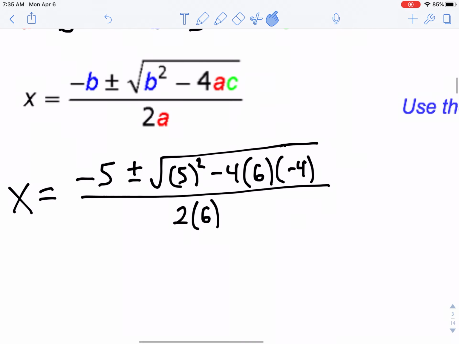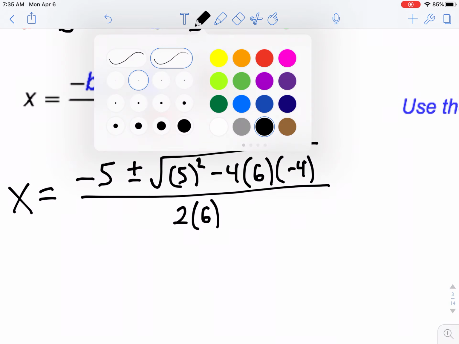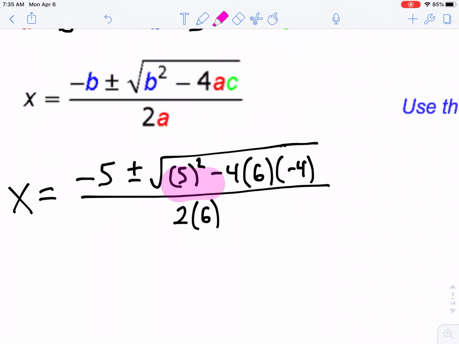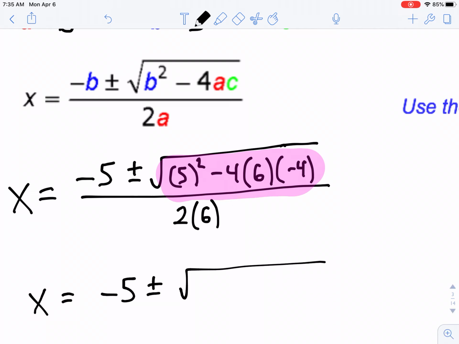Now you've got to actually do the math. Now, when you do the math, you should always start by doing this first. Do what's under the radical first. So I'm going to rewrite x equals negative 5 plus or minus the square root of, so 5 squared is 25, minus 4 times 6 times negative 4.